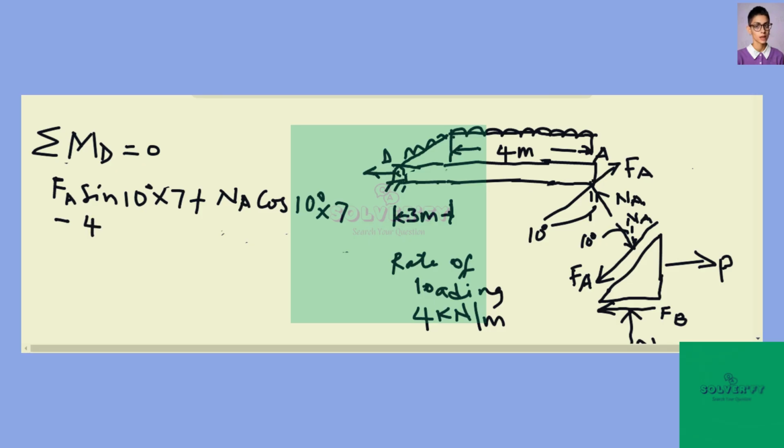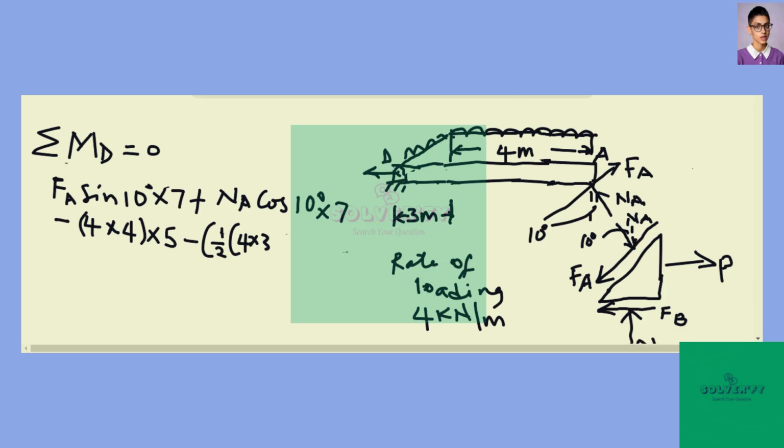The first part is 4 times 4, half of that, of course, we take it from half of that one down to D, so it's going to give us times 5 as the perpendicular distance. While for the other part to the left, it is going to give us half times 4 times 3.